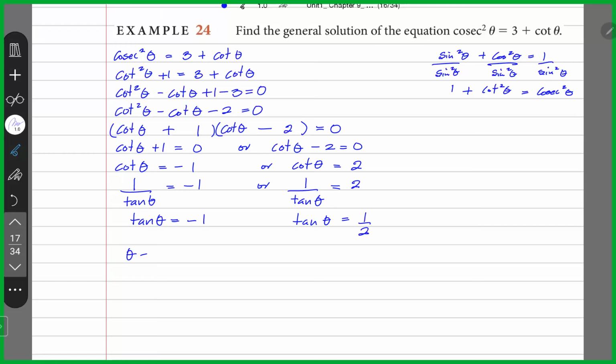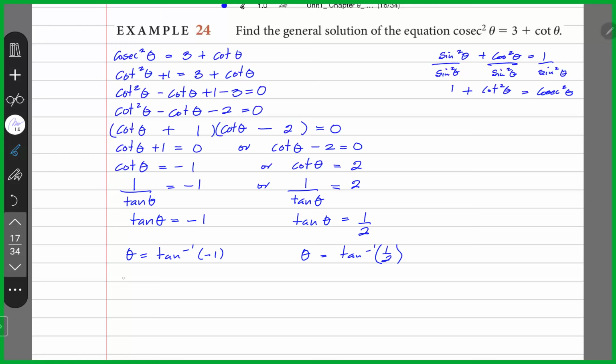So theta would be equal to tan inverse minus 1, or theta would be equal to tan inverse of a half. Now, there are no special angles where the tangent of the angle is a half. So if I'm going to write my answers to this, more than likely I'd write my answers in degrees.